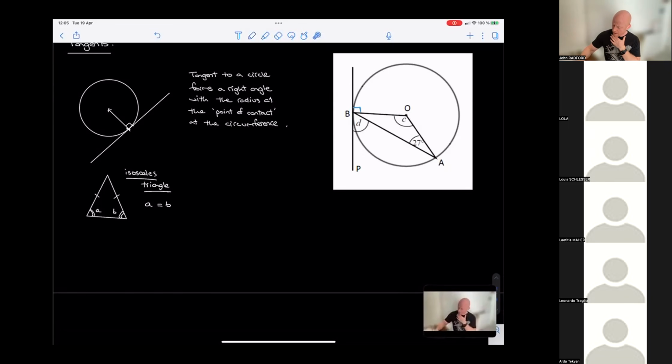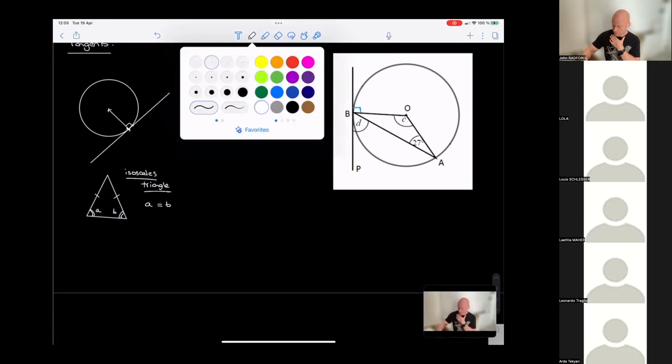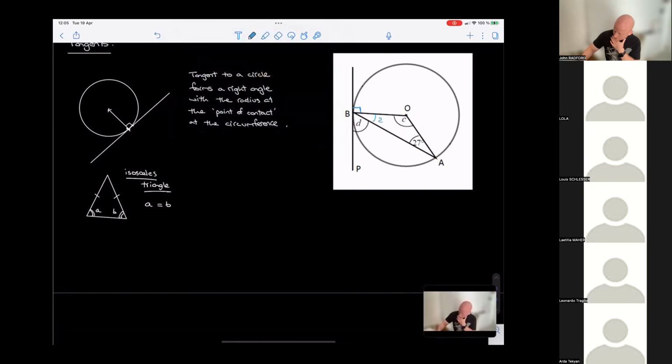I'm saying this because going back to my triangle over here, hopefully you can tell that that allows me to state that this angle here has to be 27 degrees. It's quite an important rule. I know I've mentioned that before, but I'm getting it out of the way again today. So if that's 27 degrees, then this angle D plus the 27 have to add up to 90 degrees, because this angle OBP has to be 90 degrees.